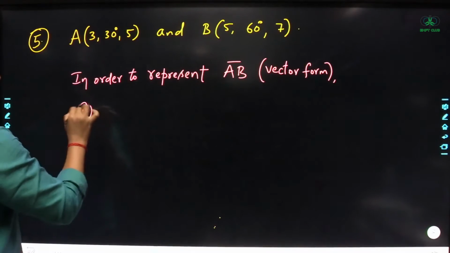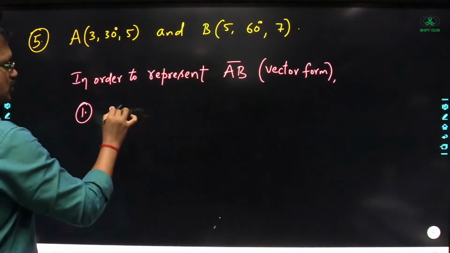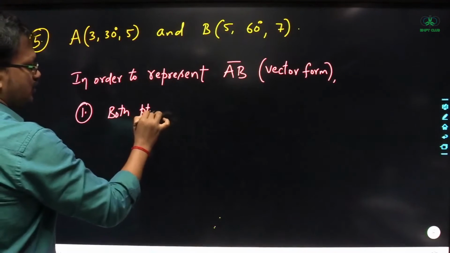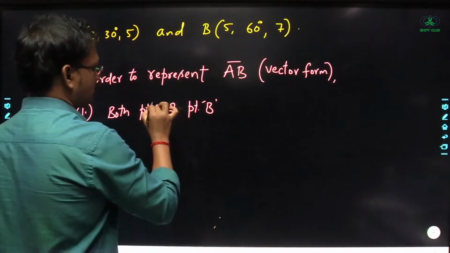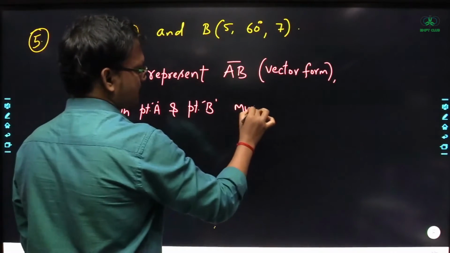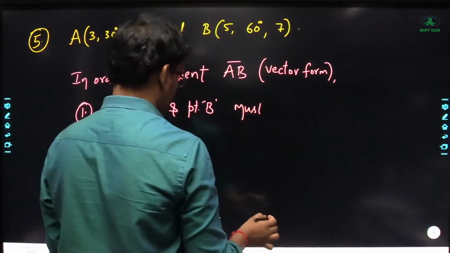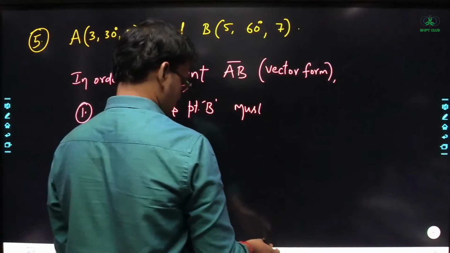So the first one is both point A and point B must have what?